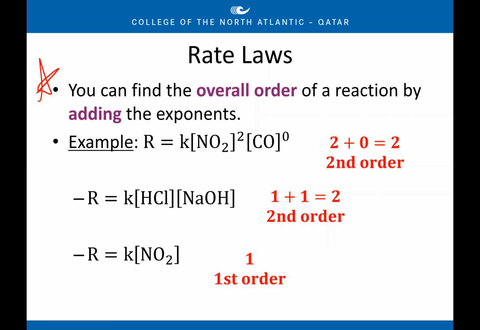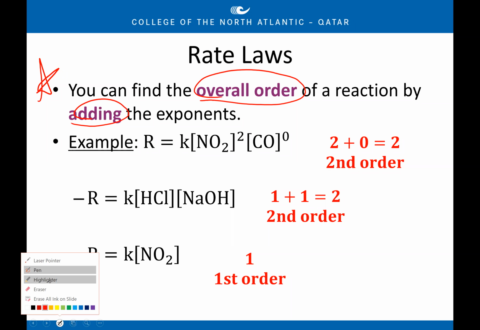To find the overall order of a reaction, you just add the exponents. Done. Now, this is where it gets confusing to students, because you have a lot to study. You're going to have tests and papers and things to be doing. I see a lot of students forget this, and they try to multiply them, or they try to do these crazy calculations. Nope. The overall order is by adding the exponents.